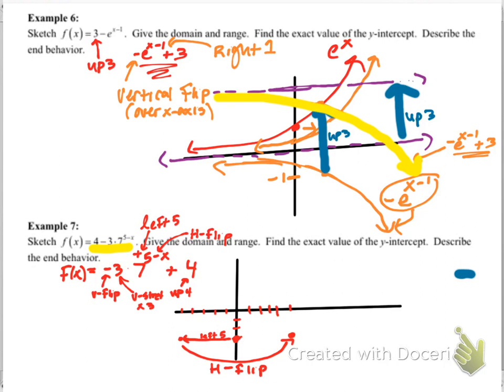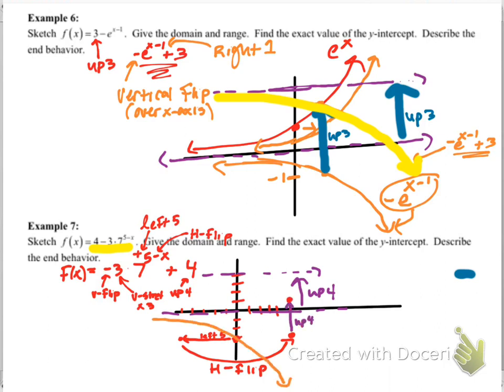I'm going to flip it over. Okay, so there's that horizontal flip. So we did left 5, horizontal flip. And notice that I'm just moving around that initial point, that y-intercept that goes with the curve. Okay. I'm going to start drawing in the graphs a little bit later. Then we're going to go up 4, and what that means is I'm going to move the horizontal asymptote up 4.